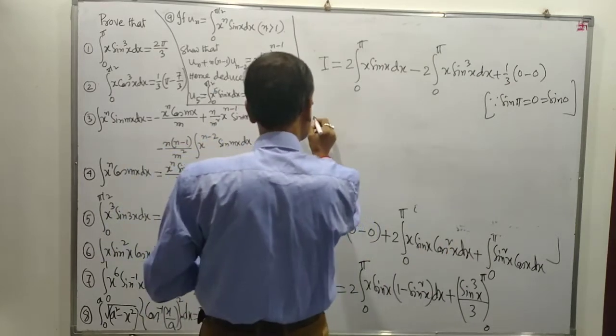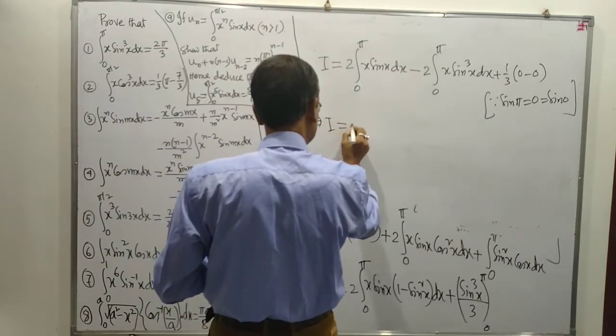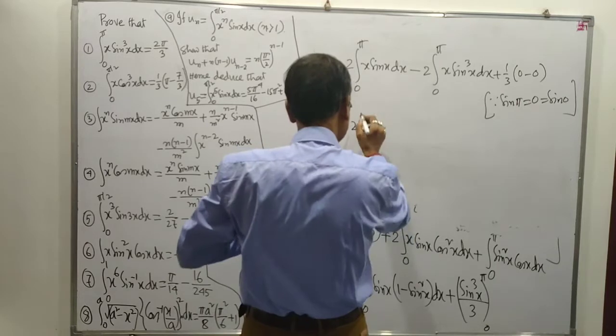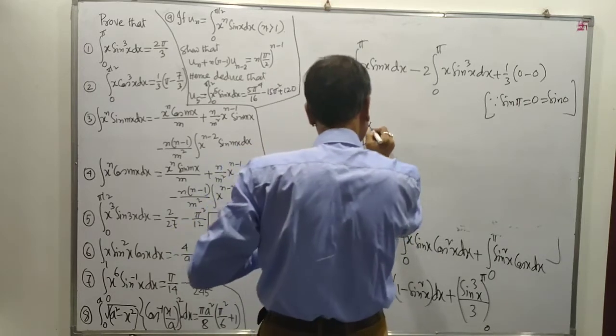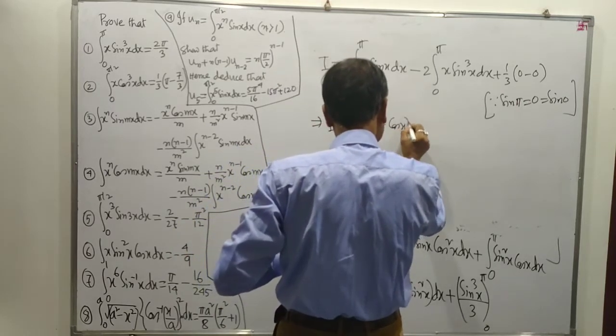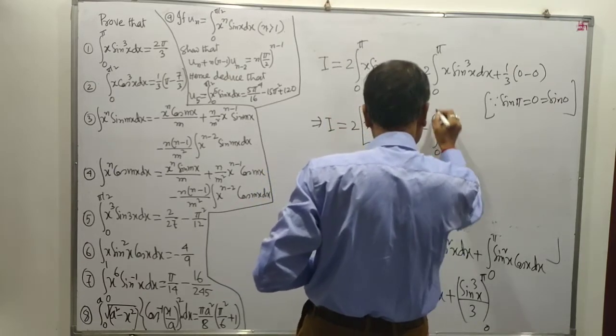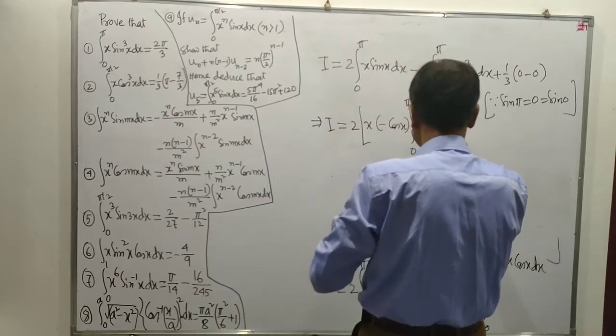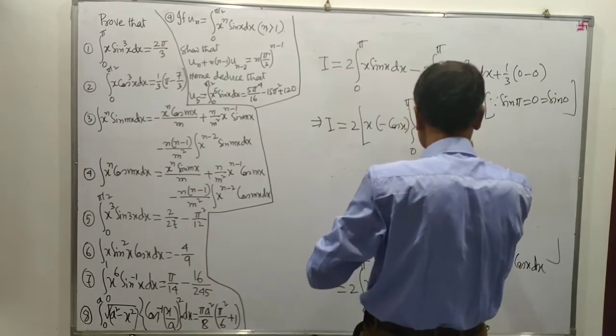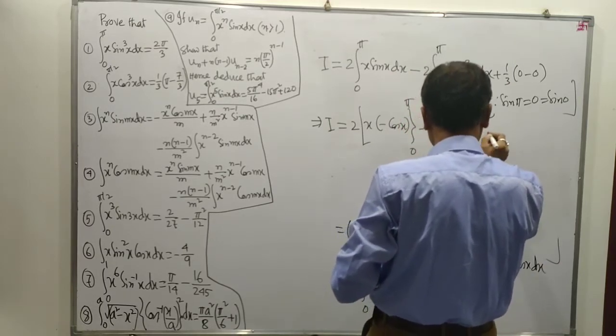This means this is equal to 2 times of, integrate this by parts again, x into minus cos x, 0 to pi, minus integration 0 to pi, differentiation of the first function into integration of the second function.